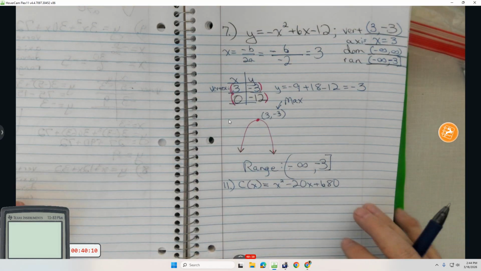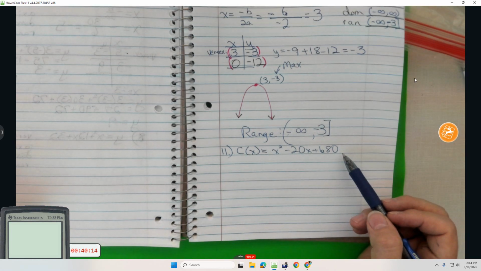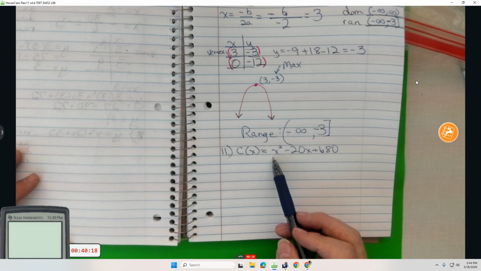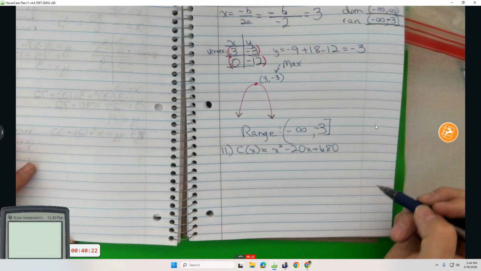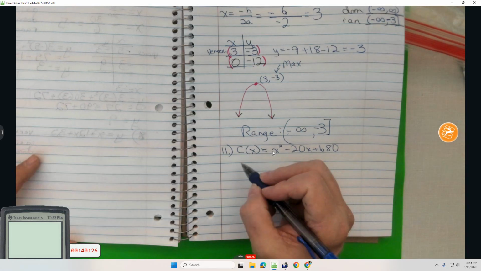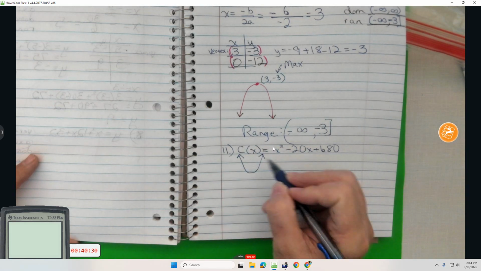They don't ask us to draw a graph of this function, but if they did, looking at that first term, would you expect the parabola to open upward or downward? Upward, because the a value is positive.